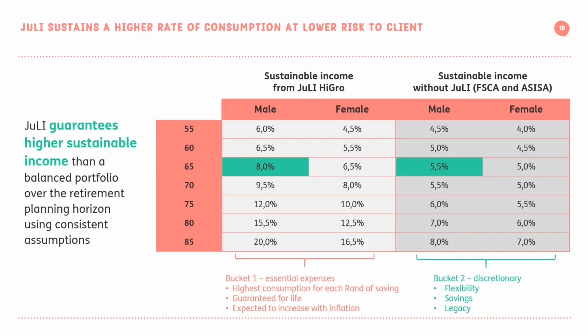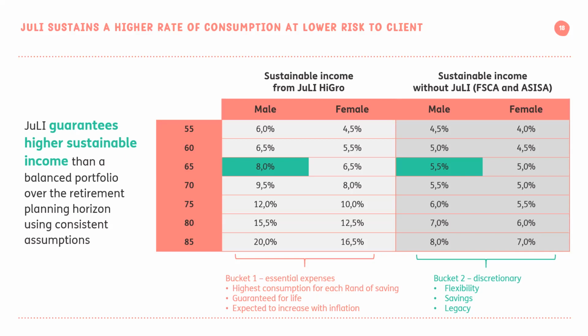Now, if you look on the left-hand side, you've got our indicative Just Lifetime Income with-profit annuity rates. This is for the high grow option, lowest starting income, highest chance of increases. And you'll see the starting or indicative annuity rate is 8% for a single life male, which is considerably higher. And then of course, if you look at female, again, it would be 6.5 versus 5.